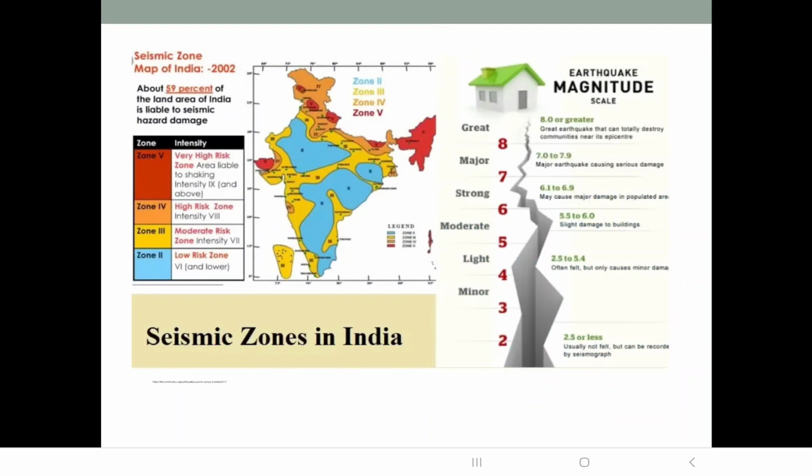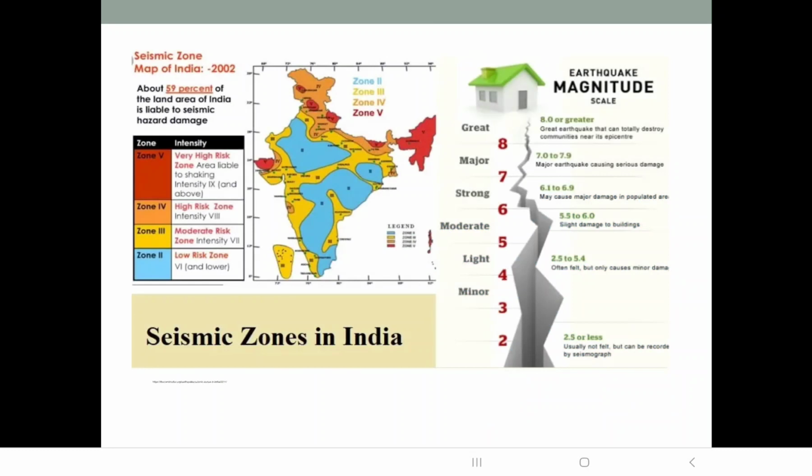This is an illustration of the seismic map of India, showing the earthquake prone zones in the country. There are 5 zones, each with a different intensity: Zone 2, 3, 4 and 5.